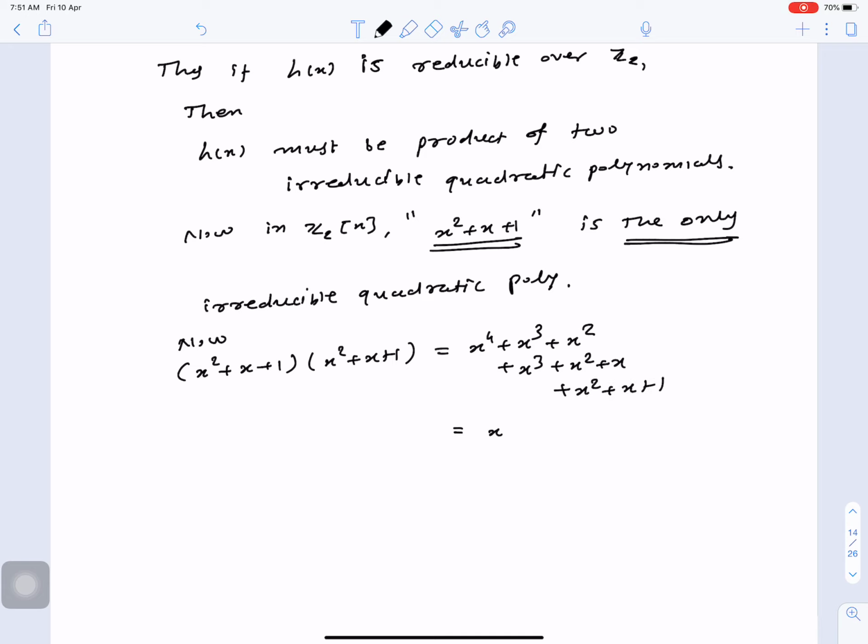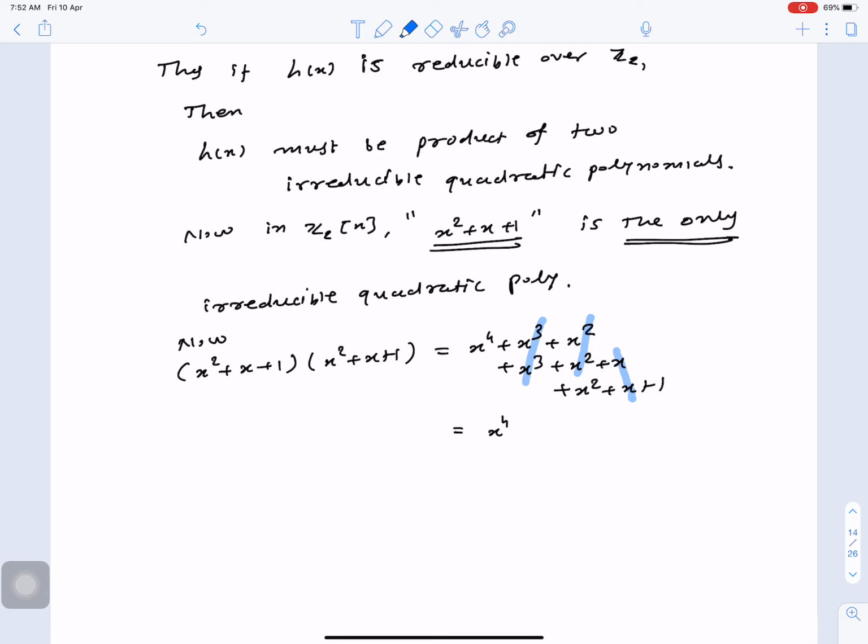So x raised to 4. Now x cube is 2 times, so it is 0. x square 3 times, so x square plus x square is 0, and we are left with only 1 x square, and x plus x is 2x, it is 0 in Z2.